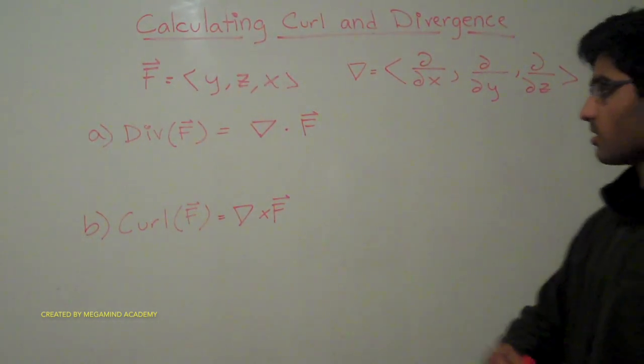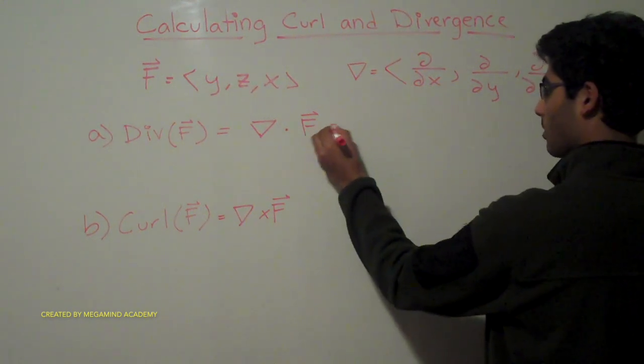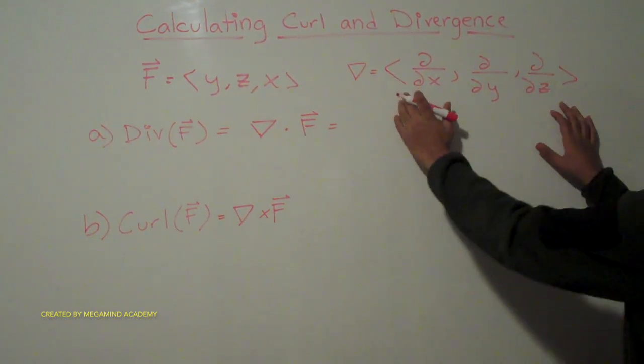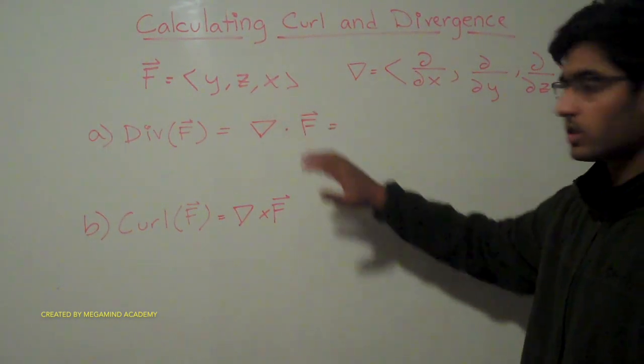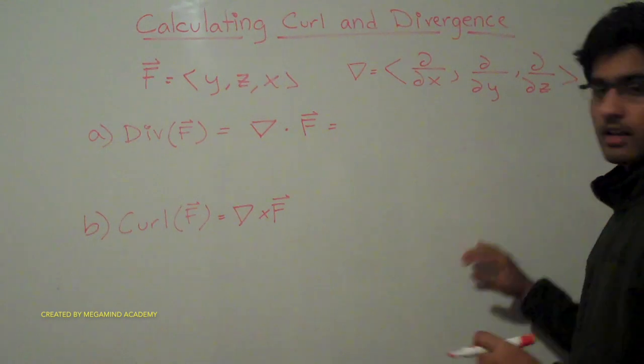So, now let's use this to find the divergence. This is going to be equal to the dot product of this with this. So we don't even have to write those two vectors out like that. Let's just write down the answer.